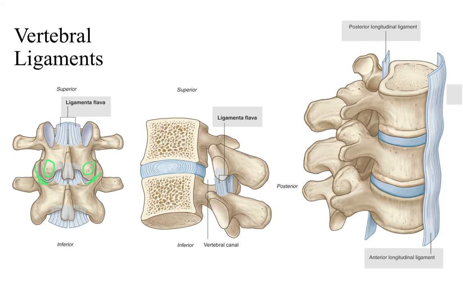And the first one is the Ligamenta Flava, or if we were talking about a singular one, it would be the Ligamentum Flavum. Notice that they are attached to the superior lamina of the vertebrae anteriorly, and then to the posterior laminae of the vertebrae inferiorly.